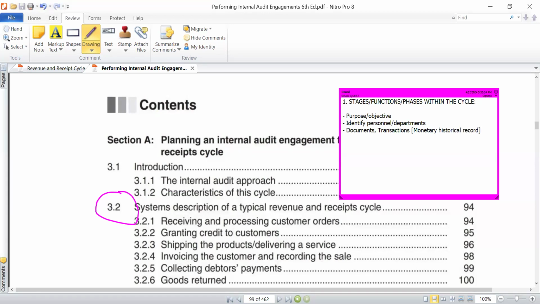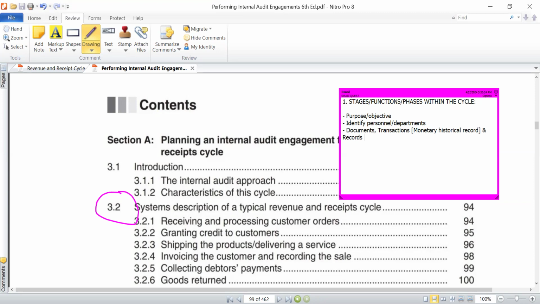The moment you hear them saying the transaction, just know that we're talking of something that involves a monetary historical record, right? So that's transactions. So I would normally combine this with records. So a record, obviously, is when we put different forms of transactions into a report. So it will form what we call a record, all right?